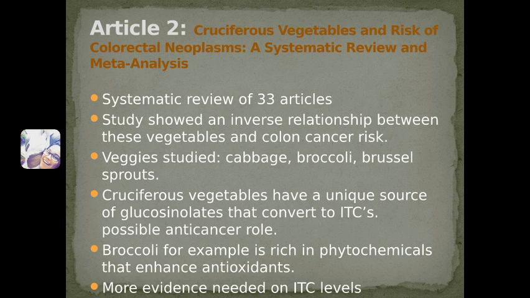If these vegetables have such high levels of ITCs, then there's a possible anti-cancer role, especially with colon cancer. Broccoli was the vegetable shown to have the most anti-cancer effects in most of these studies. The reasoning is because it's rich in phytochemicals that enhance antioxidants.